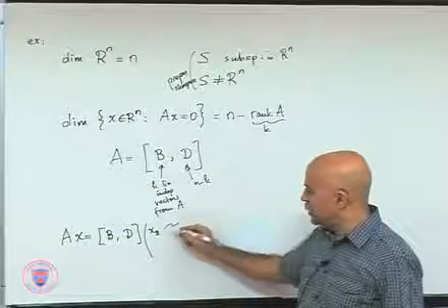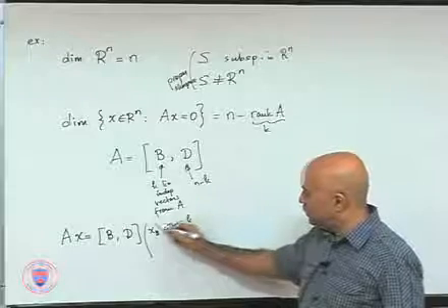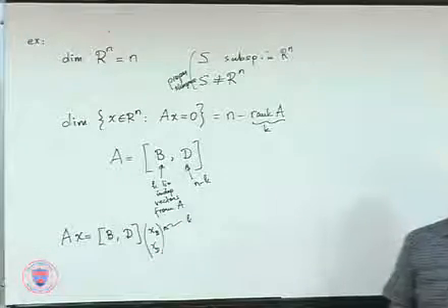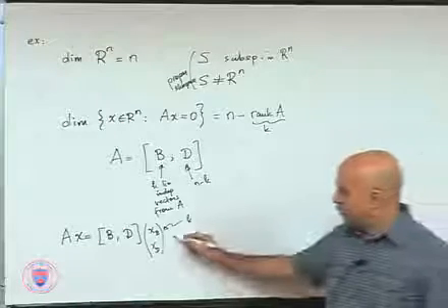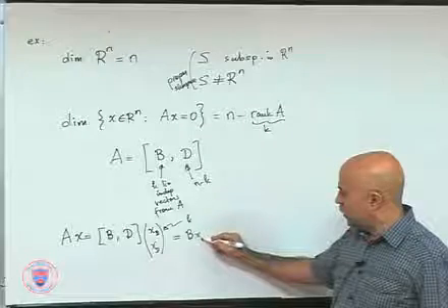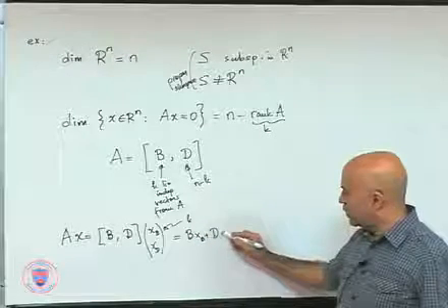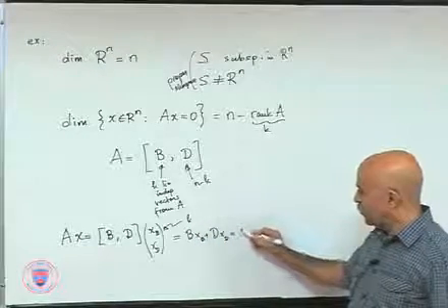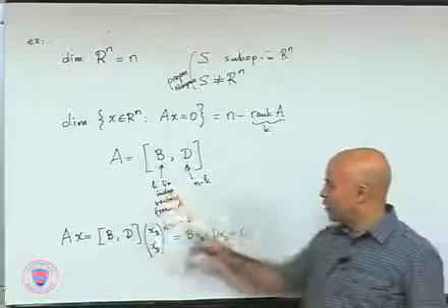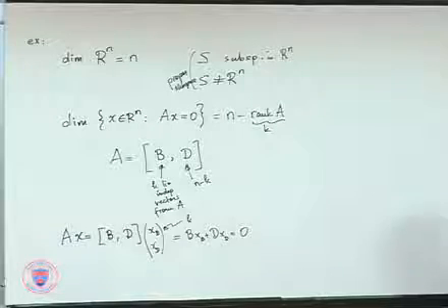So XB has K components. And then you take the other ones and put them in XD. And you want 0. So this is BXB plus DXD equals 0. You're looking for a solution of this system like that. Okay?